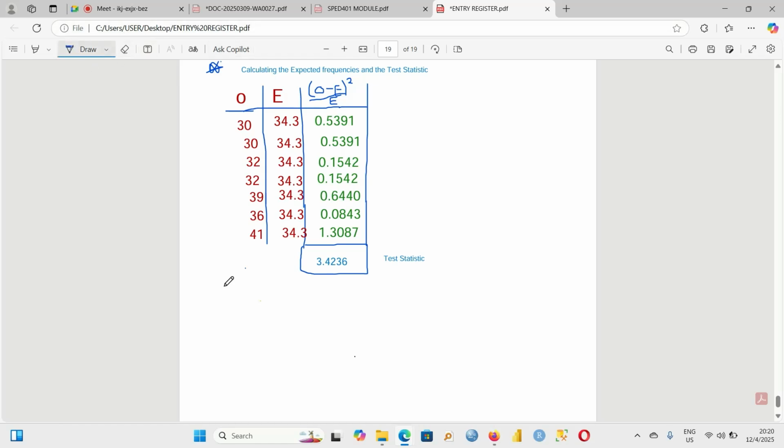So the next stage now is to find the critical value.